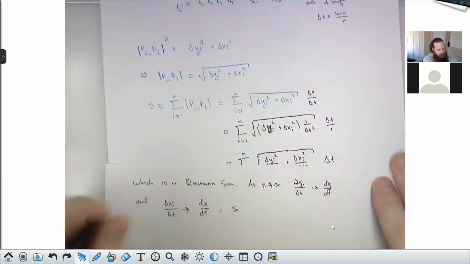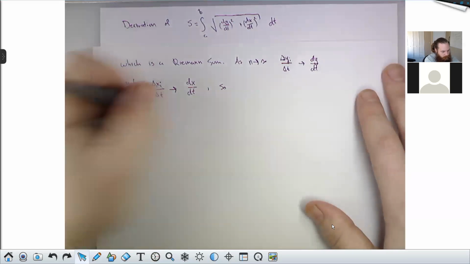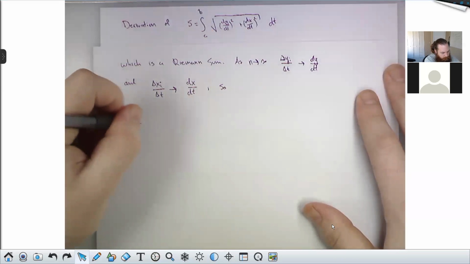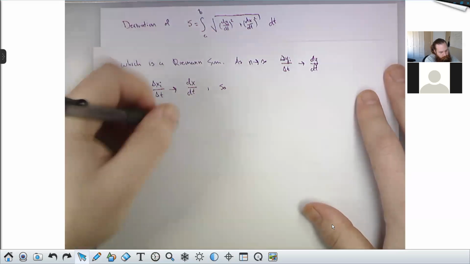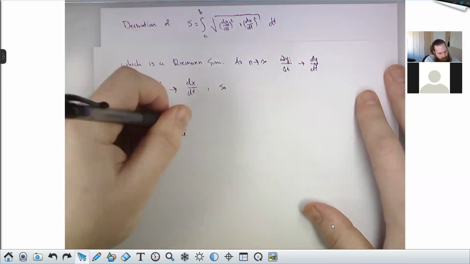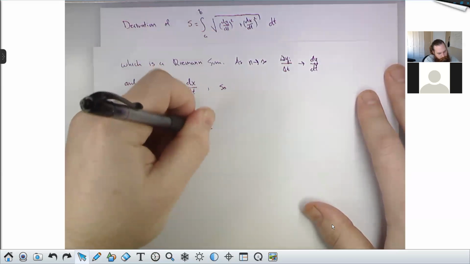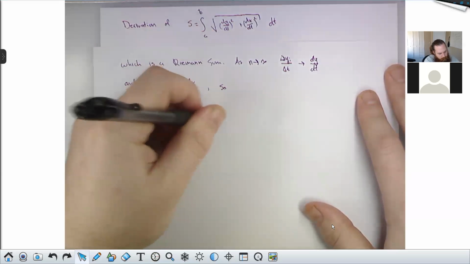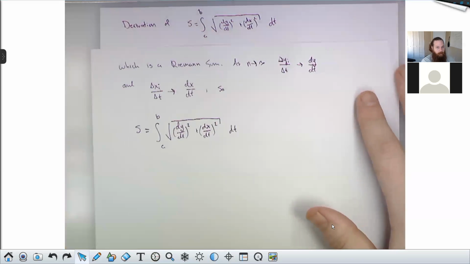So the exact length becomes s equals the integral from a to b of the square root of (dy/dt) squared plus (dx/dt) squared, all times dt. That's it.